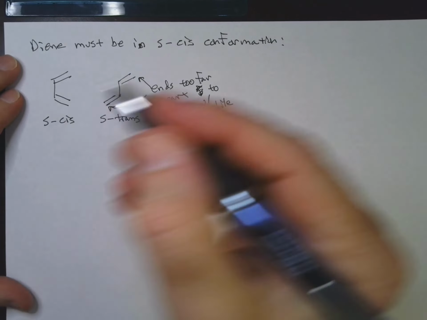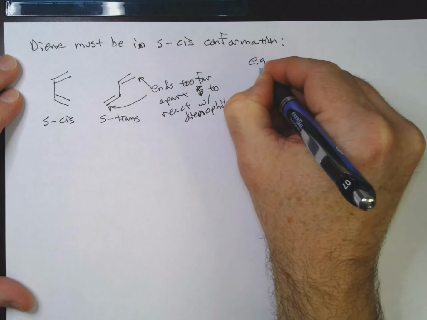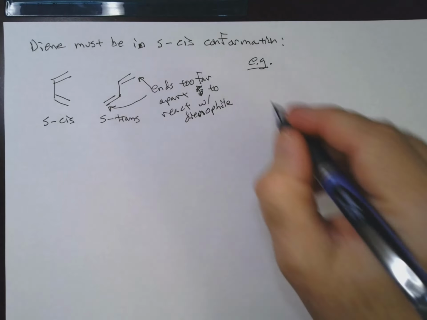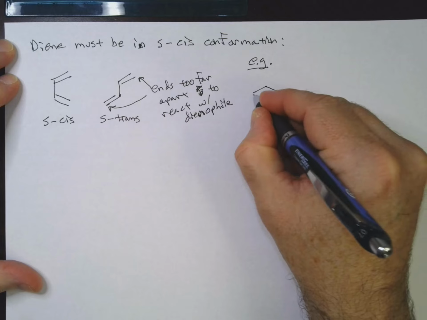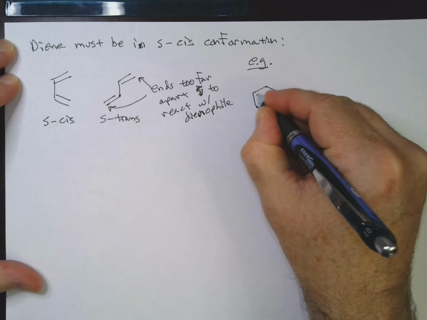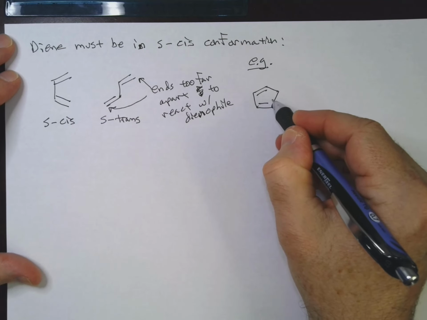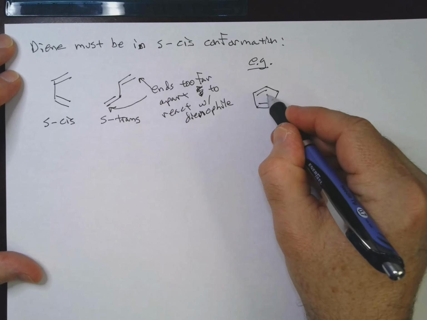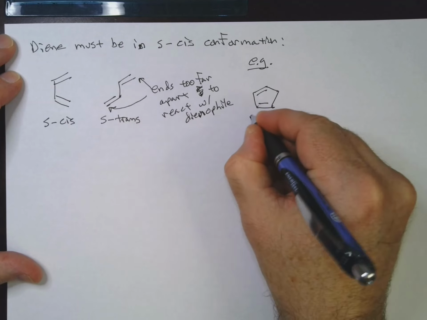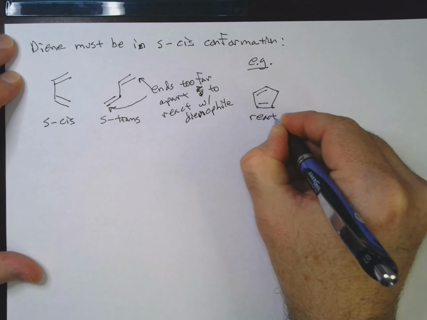So for example, something that is permanently in the S-cis conformation, like cyclopentadiene, this reacts very fast.